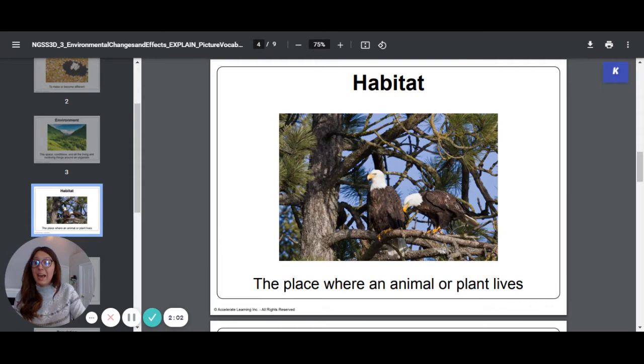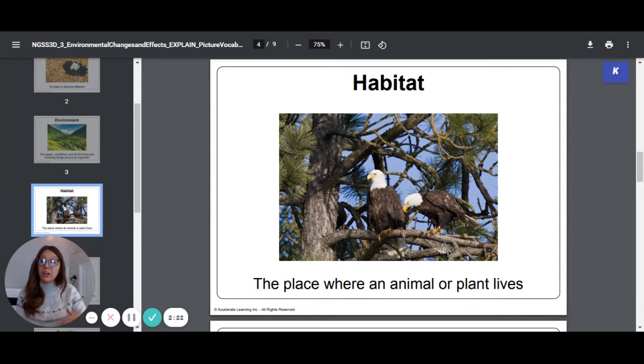Our next word is the word habitat. Say the word habitat. Good. Now whisper the word habitat. Nice. Let's spell it. H-A-B-I-T-A-T, habitat. A habitat is just the place where an animal or plant lives.